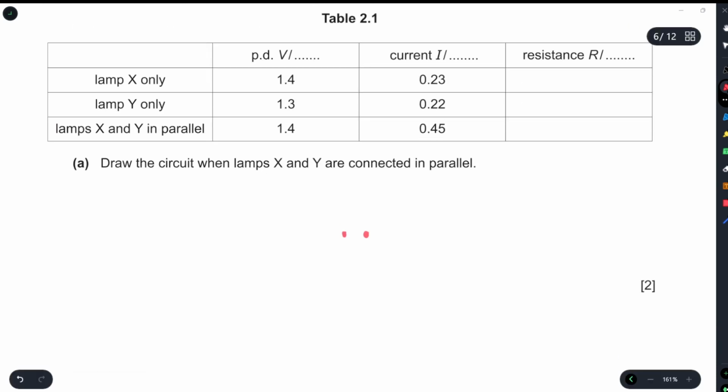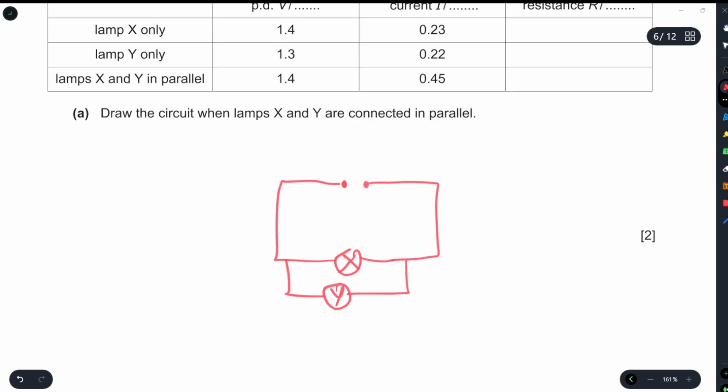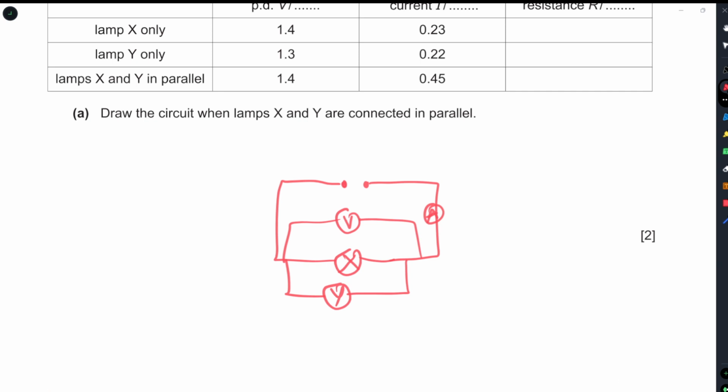And then of course there's going to be a lamp X, उसके साथ पैरेलल में एक लैम्प आ जाएगा Y, ठीक है. And if you want, we can put the voltmeter over here and you can put the ammeter over here. But यहाँ पे ammeter voltmeter बनाने का कुछ कह नहीं रहा, बट एहतियातन एक बार फिर भी बना दें.